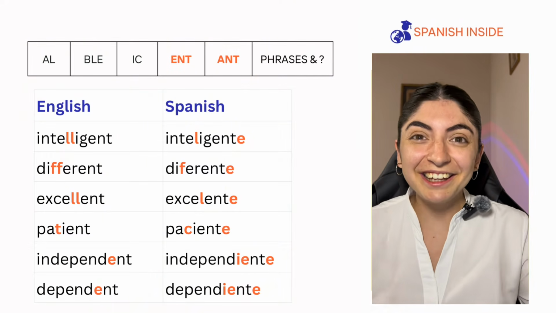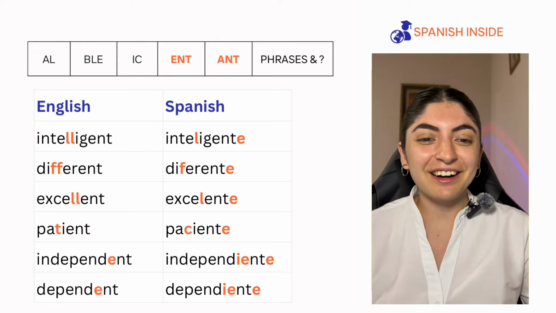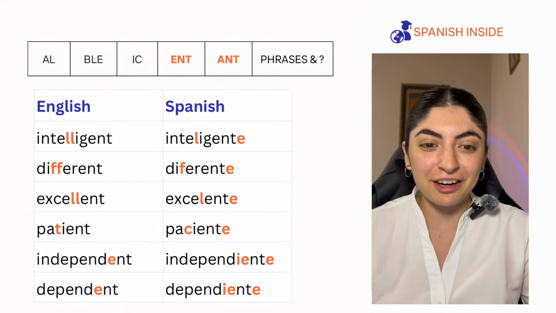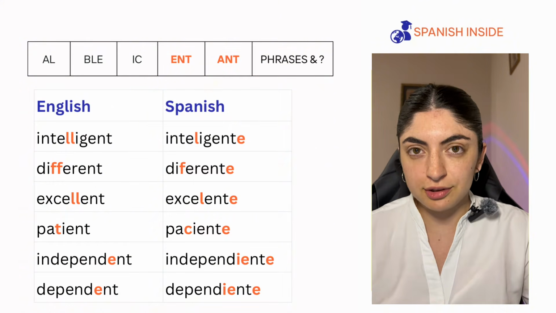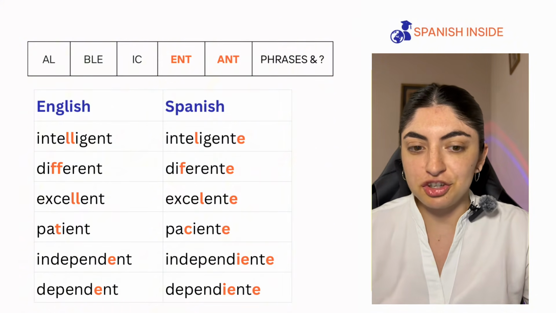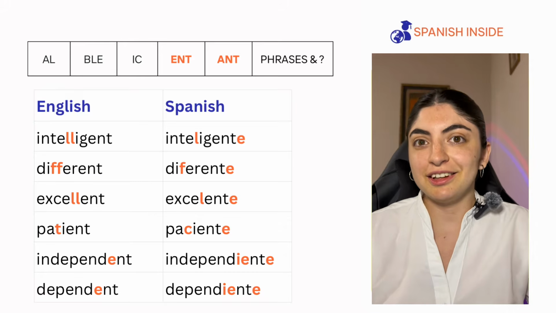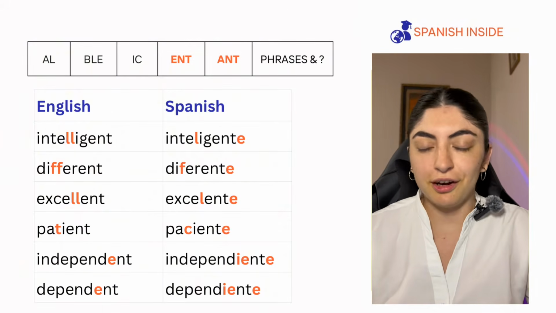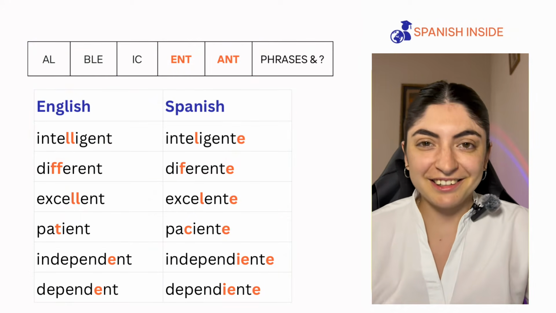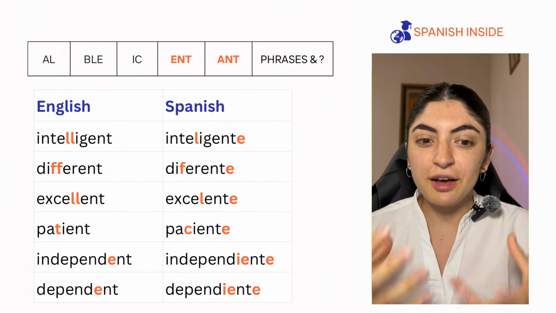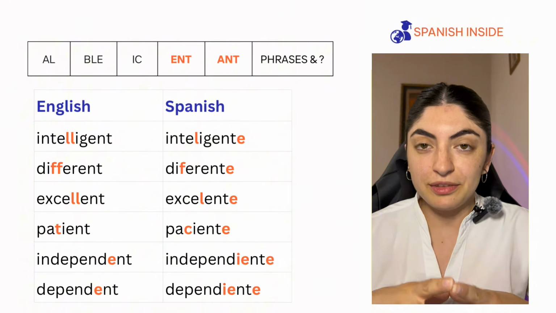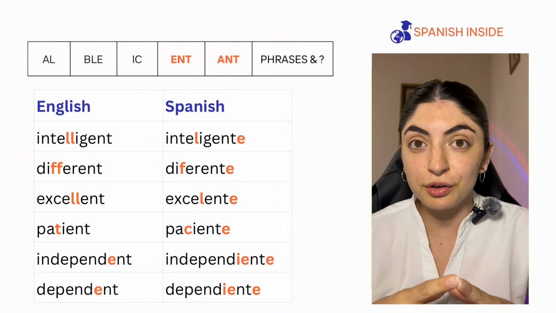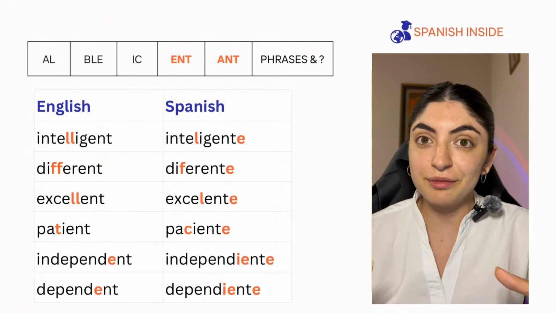That's it. Here you are. All these are Spanish words that you can actually use, and you also have to learn how to pronounce them, because it's not just "okay, excellent, excelente." No, it's not like that, it's excelente with Spanish vowels. Please learn the vowels. The vowels are so important for your pronunciation, believe me.